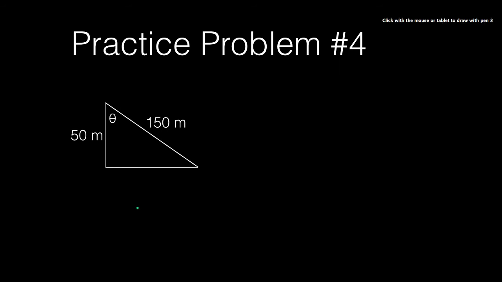Alright, practice problem number 4 is a little bit different. Now this time we have an unknown angle that we just call theta, and we have a side closest to it, and we have the hypotenuse. And so when we look at our SOHCAHTOA, we're looking for one that's adjacent and hypotenuse.